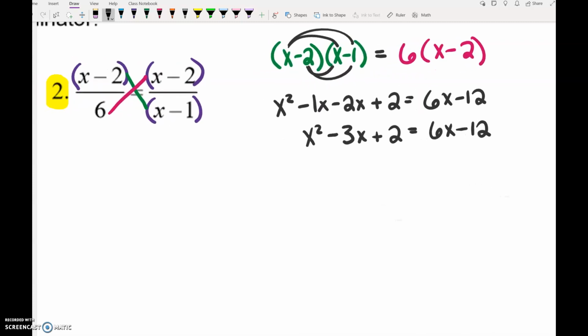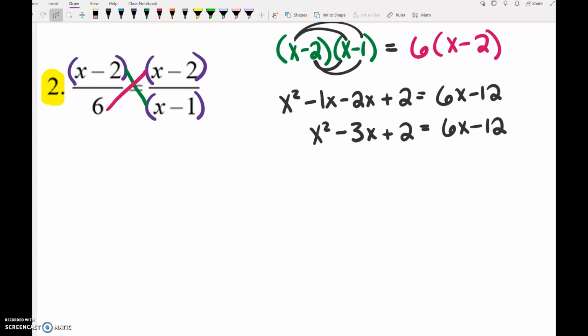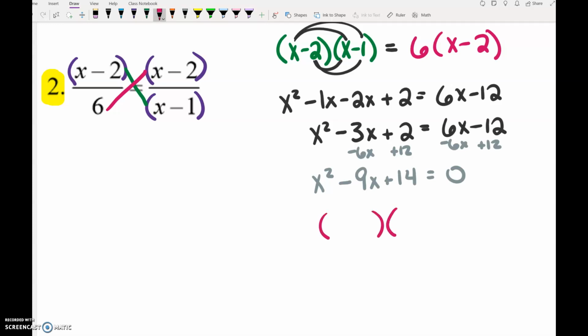Now, we've been doing a lot of factoring in this chapter, and we're going to have to factor this as well. We need to get one side equal to 0 so that we can factor and solve. So we've got x squared minus 9x plus 14 equals 0. We are looking for two numbers that multiply to give us 14.